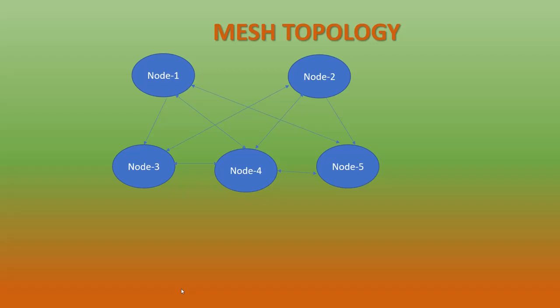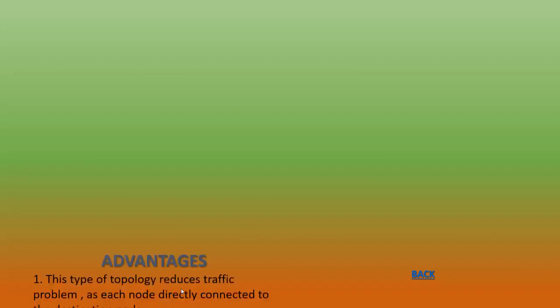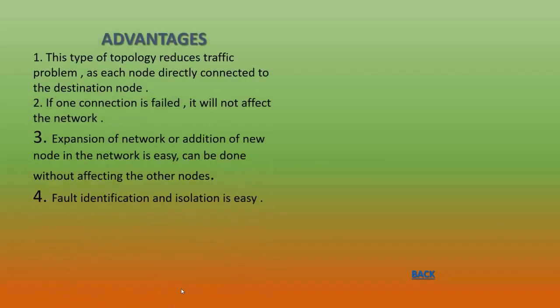These are the main advantages of mesh topology. Once again, I'll show you the advantages. If any one fails, it will not affect the network. Expansion of the network or addition of a new node can be done without affecting the other nodes.